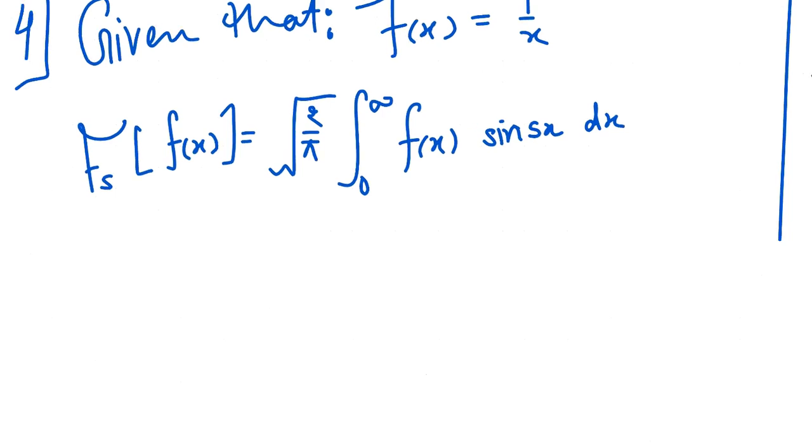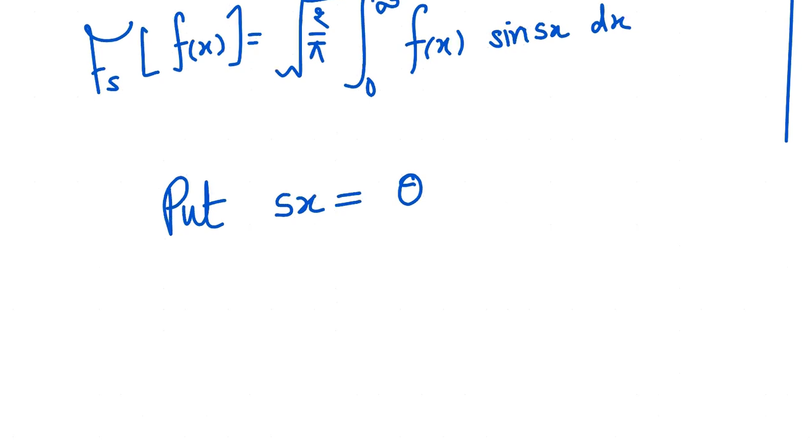So put sx is equal to theta, or instead of theta we can use any other variable also, like t or anything else. So we are taking sx is equal to theta. Then from here we can take x is equal to theta by s.